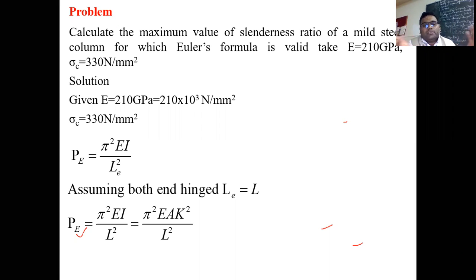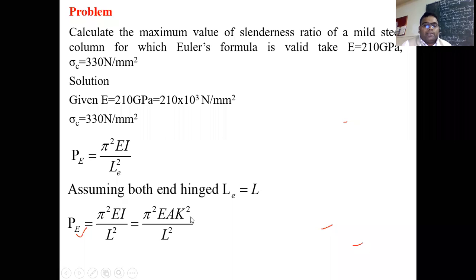Because in this question nothing is mentioned about which condition to take, we can assume the first one, both ends hinged, so LE is equal to L. We have to find the slenderness ratio. The slenderness ratio is L upon K, or LE upon K. In this case they are equal, so you can say LE upon K or L upon K. Actually that is the slenderness ratio, we can say LE upon K.